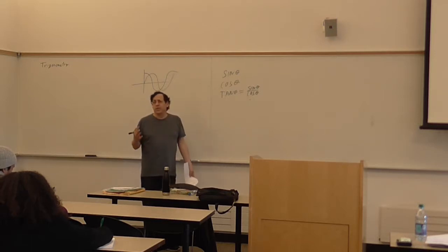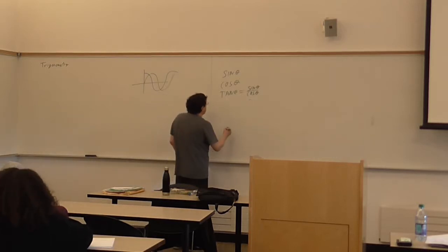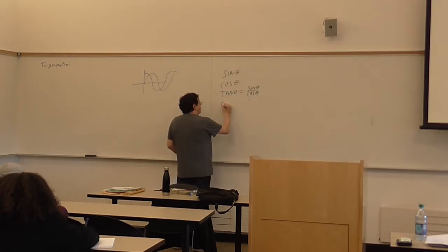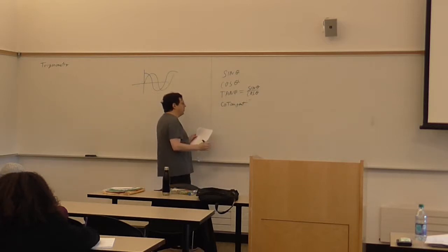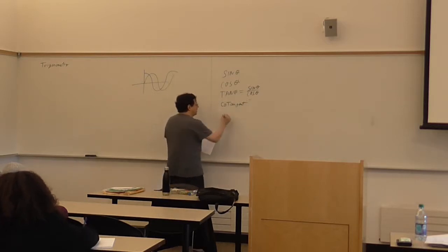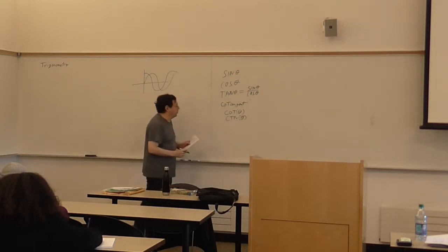There are three other functions that we're going to define. One of them is the cotangent. I'm going to first write out cotangent. Its abbreviation could either be COT theta or CTN of theta. See both of them used.